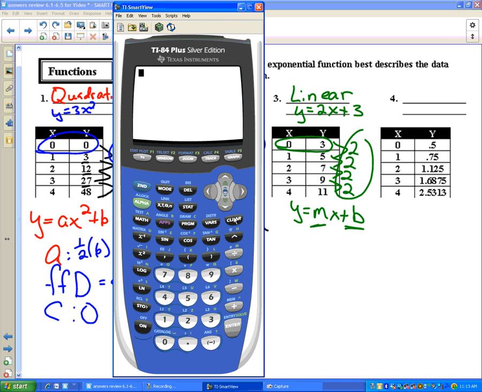But I'm going to try exponential first. 0.75 divided by 0.5 is 1.5. 1.125 divided by 0.75 is 1.5. 1.6875 divided by 1.125 is 1.5.